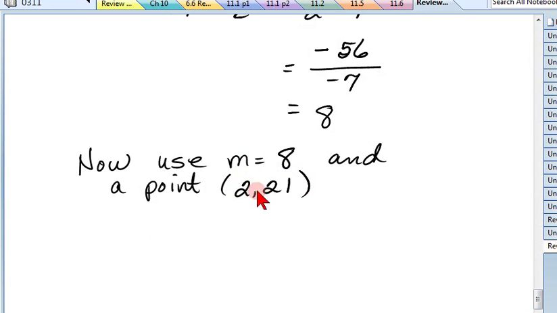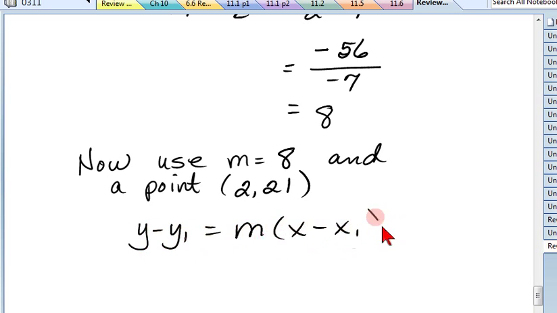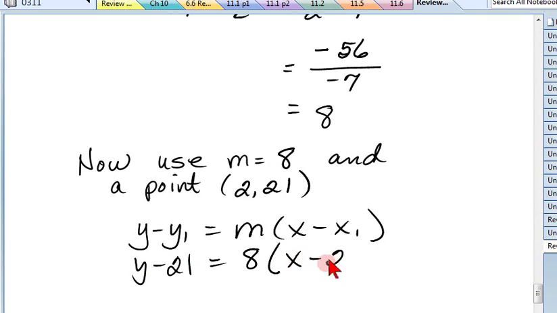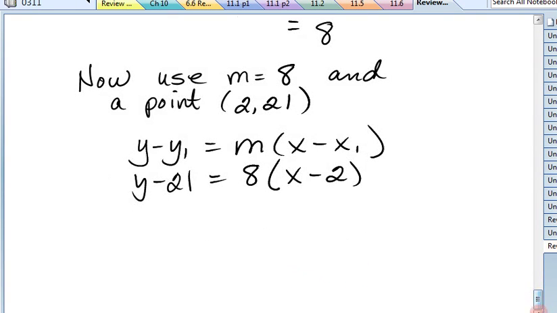All right, so I have a point, I have a slope. Point slope, y minus y1 equal to m times x minus x1. Y minus 21 is equal to 8 parentheses x minus 2. So y minus 21 is equal to 8x minus 16.